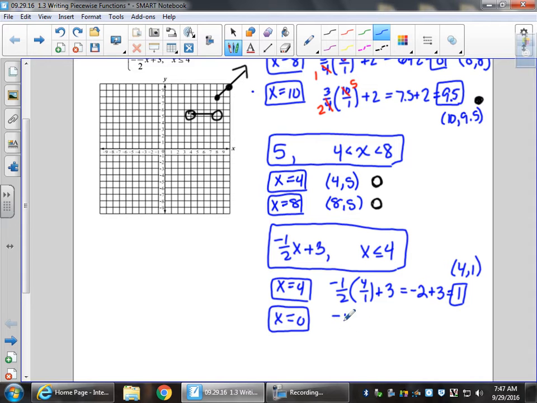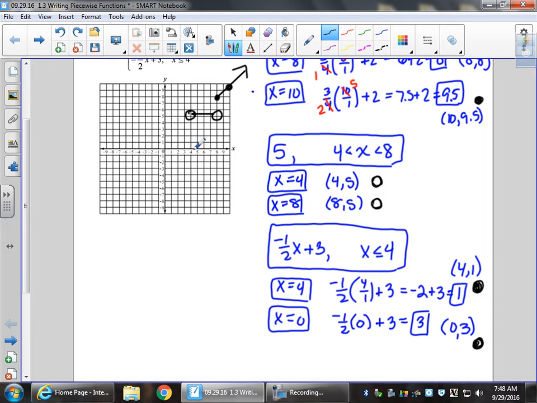What happens when you multiply this fraction by 0? What do you get? Awesome. Is this going to be a solid dot or an empty dot? How about this one? Is this a ray or a segment?